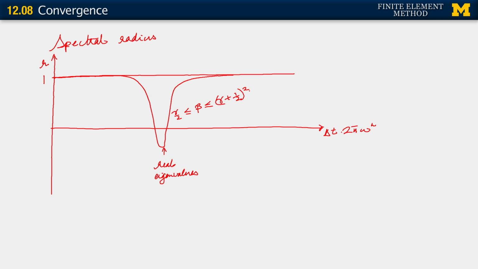If on the other hand you have beta exceeding gamma plus half the whole square, then you tend to get a behavior which looks like this. Okay, this is for beta greater than gamma plus half the whole square.